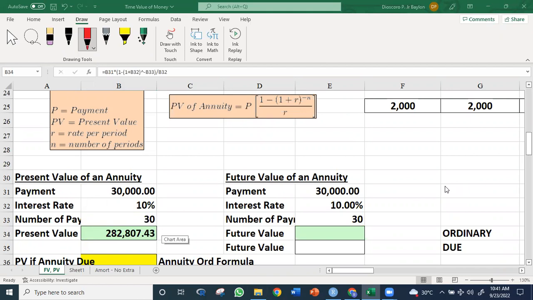So kindly chat, please, if you were able to get this present value. 282,807.43. Waiting for your chat, please, if you were able to get it.